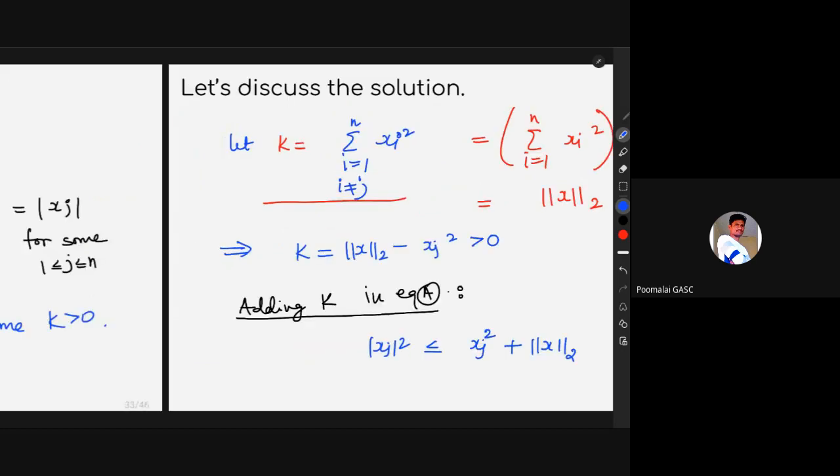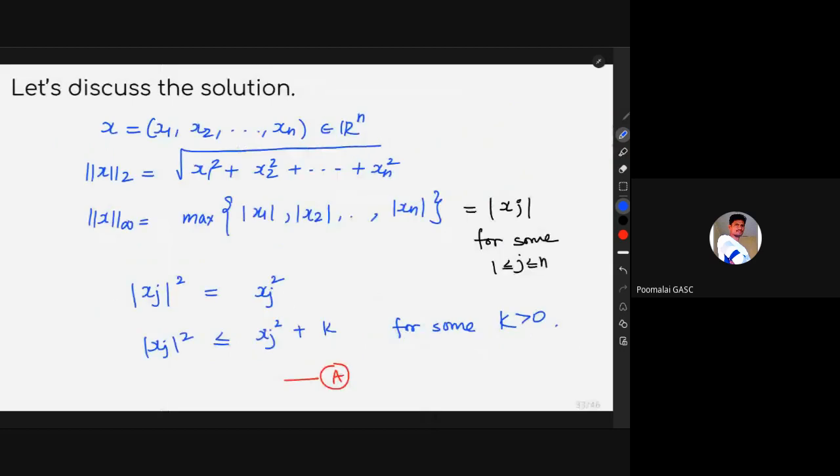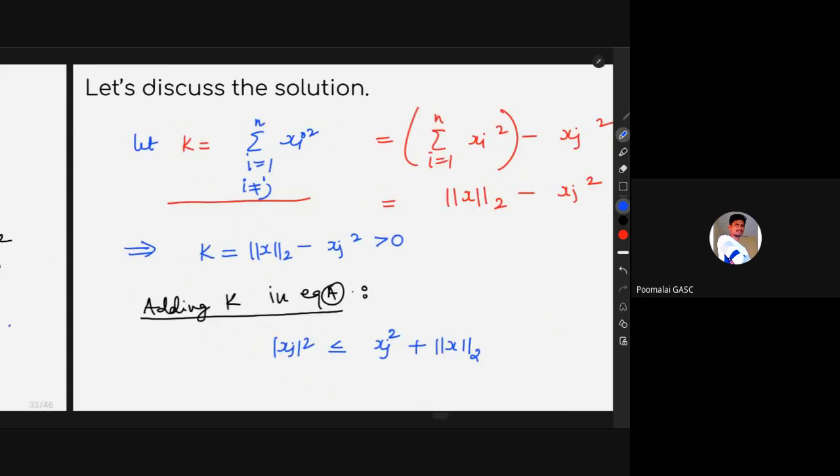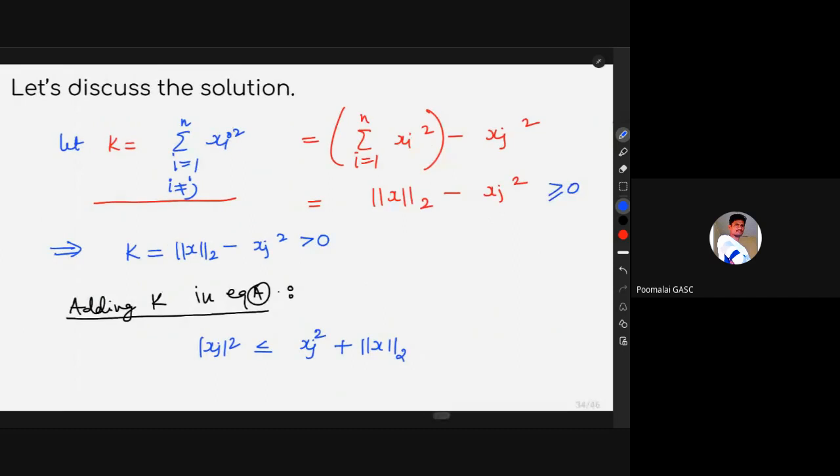So if I go back to this equation, in this equation I have added k such that this becomes an inequality. And what was the condition? That this k needs to be either equal to or greater than 0. So that's what I'm adding: something which is greater than or equal to 0 to this quantity.